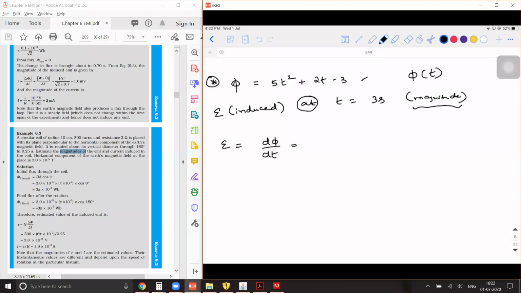This is the place where you need to use it. d phi by dt means it is going to be 10t plus 2. So EMF at t is equal to 3 seconds is 30 plus 2, you will get 32. 32 volt is actually a very high value, but okay, I randomly created a problem. Are you guys able to understand when to use instantaneous? Yes, sir. Generally this is not asked for CBSE, but it's fine.